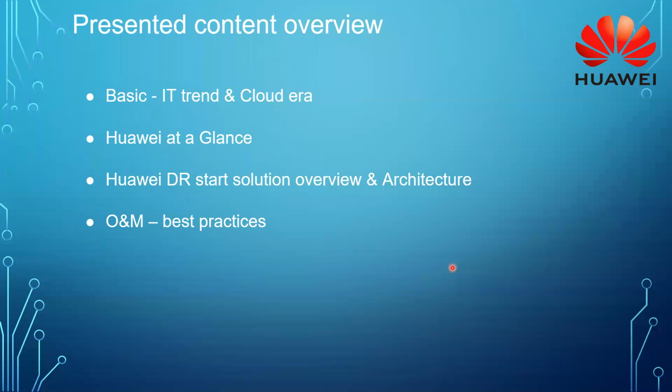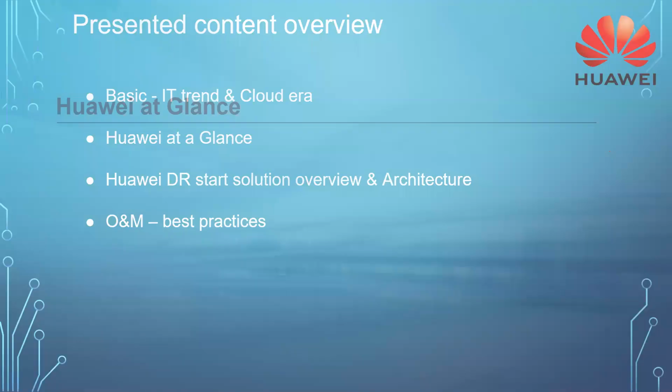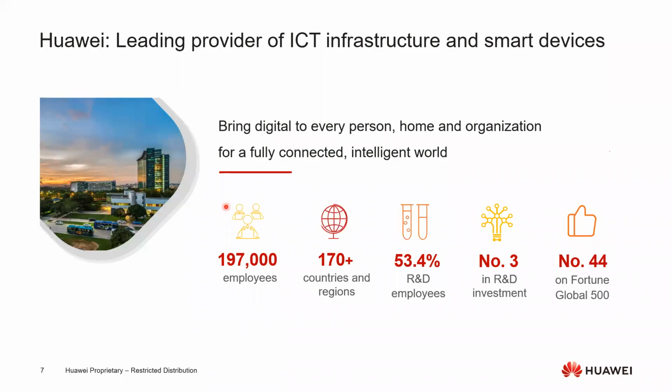And then we will touch on Huawei at a glance, how Huawei is as an organization, and then we will come to the DR solution point of view. So let me give you the Huawei summary. Huawei is an enterprise with approximately 197K employees across the globe, and we are touching around 170 plus countries globally.